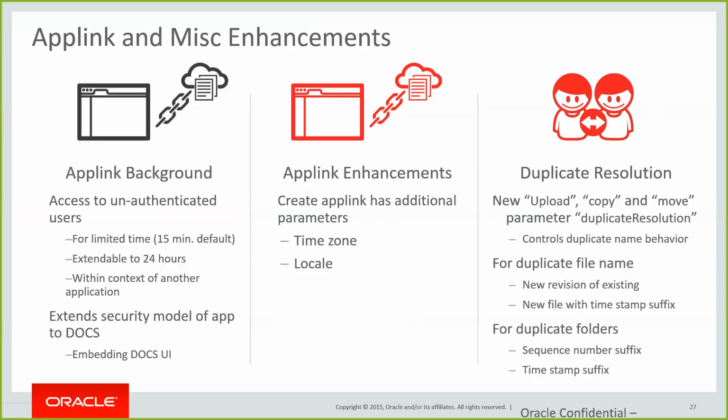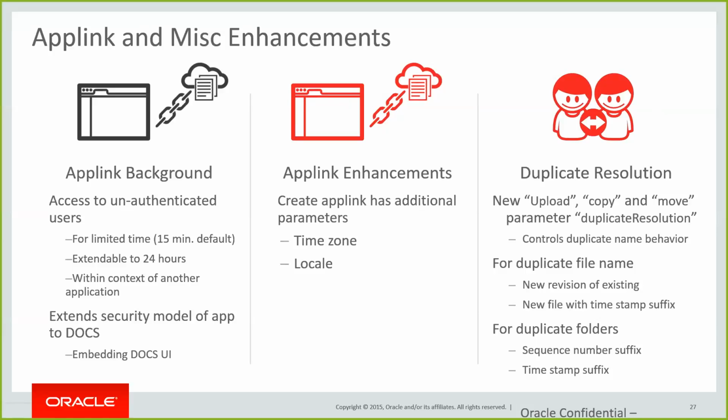So when I'm making an app link call, I'm specifying the file that I want to expose, or the folder that I want to expose through app link, the users that I want to use for accessing that folder, and the roles of the users that are going to access that folder through app link. I get a URL back and a set of tokens for accessing that folder or document, and another token for extending the time period for which I'm allowed to access that folder to 24 hours.